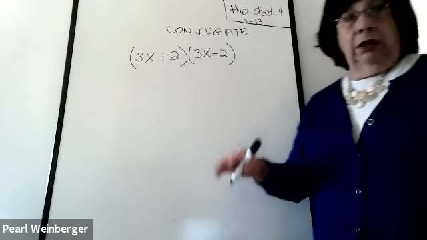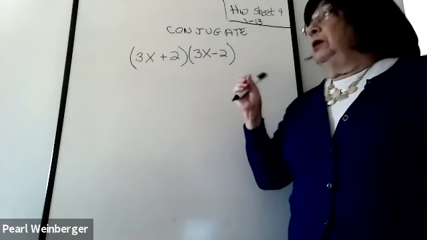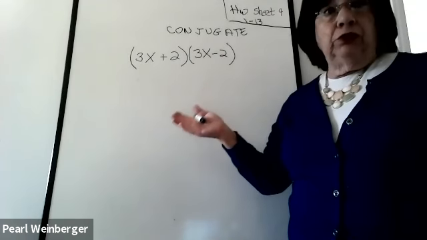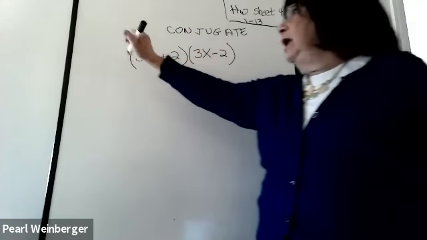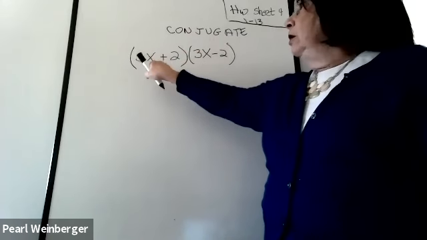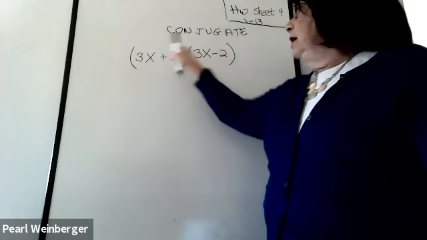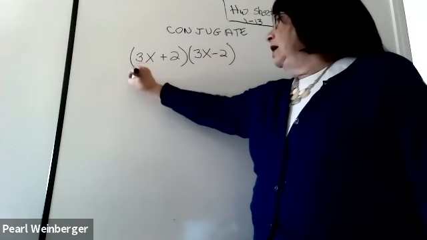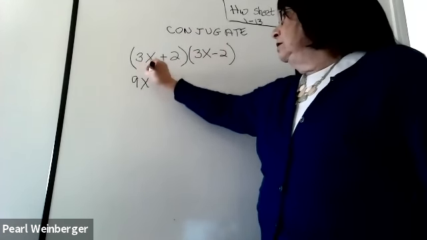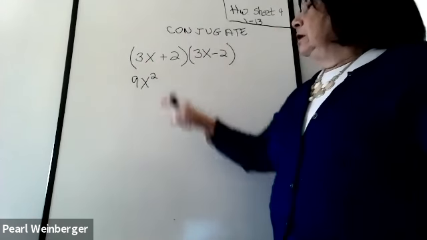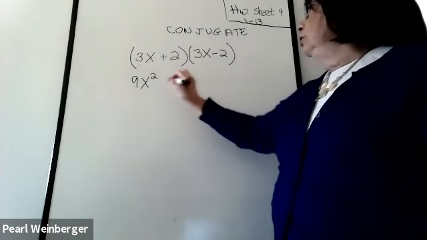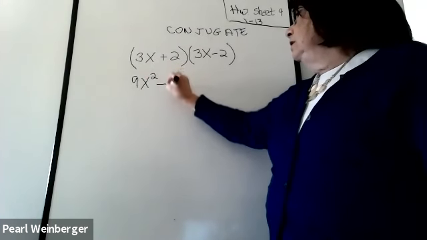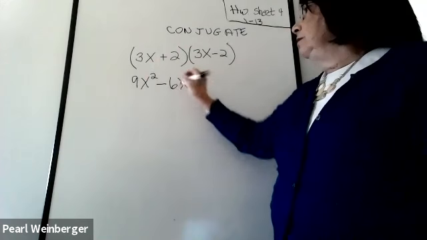Now, normally what I would do is regular FOIL. There's the two binomials. So let's look what will happen when we do the FOIL. First, 3x times 3x is 9x squared. Outer, 3x times negative 2 is negative 6x.